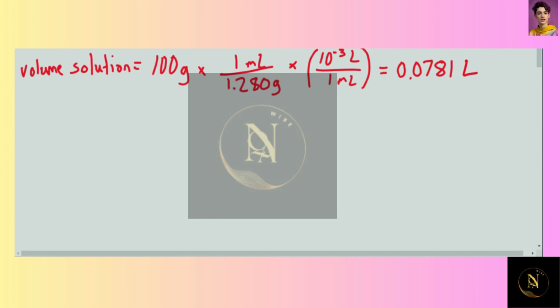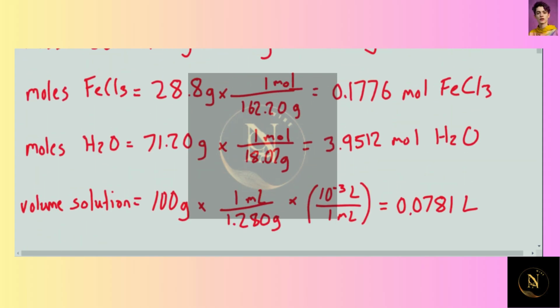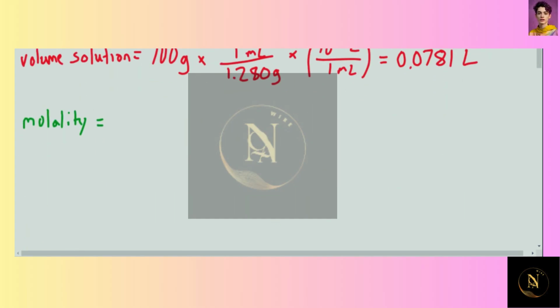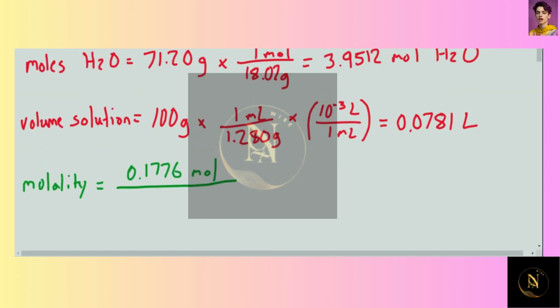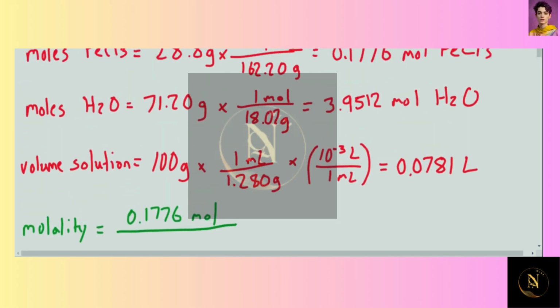Let's calculate molality first. For molality, we need moles of solute, which is moles of iron chloride, 0.1776 moles, divided by the mass of the solvent in kilograms.